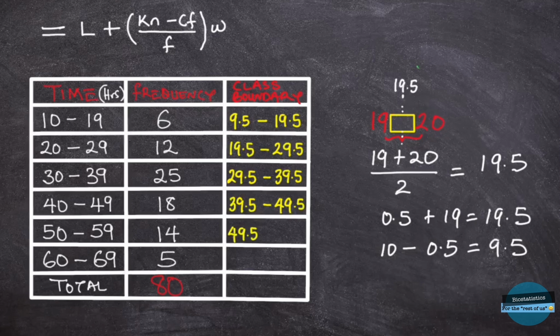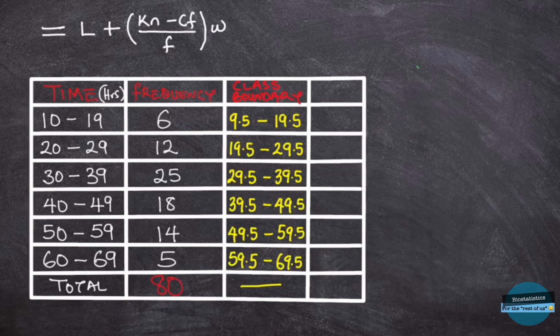Easy, right? Then let's add the cumulative frequency column because we're going to need it. For the first class, it's 6. To get the cumulative frequency here, it will be the frequency of the first class plus the second class, since we say it's cumulative, right? So here we'll say 6 plus 12 and we'll have 18.